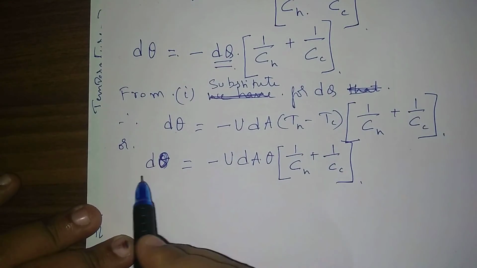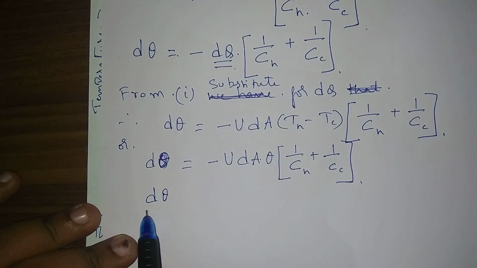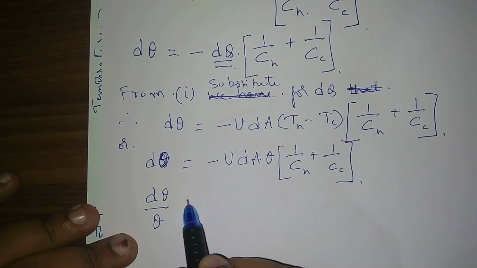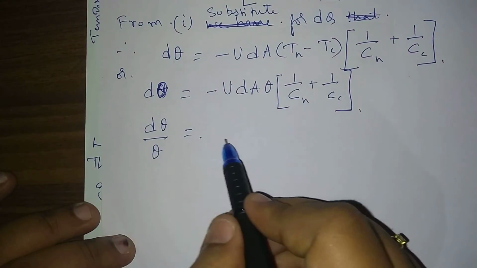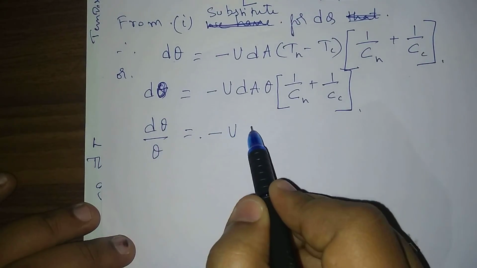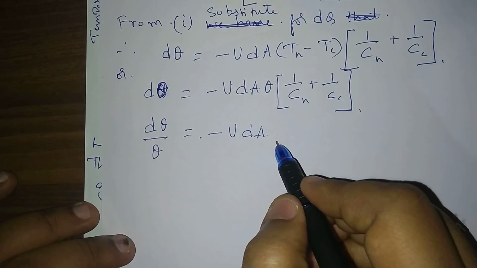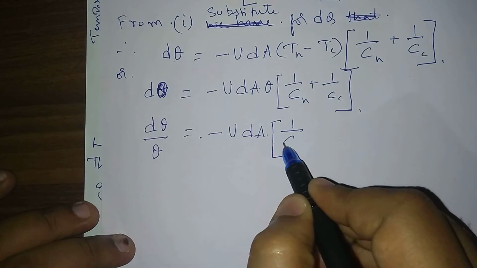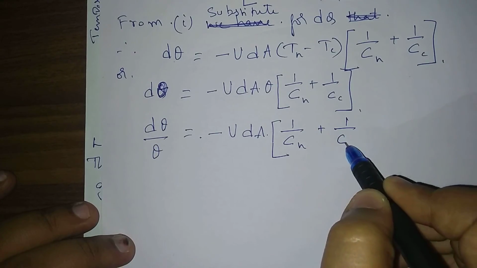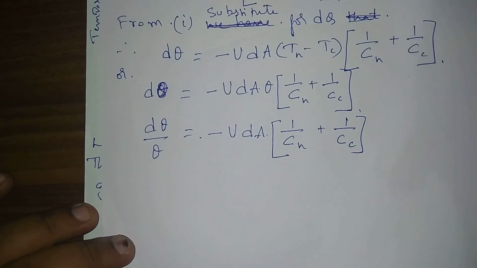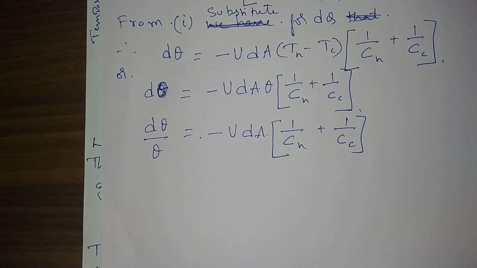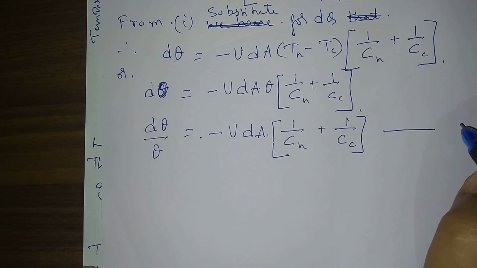Very simple thing, bring this theta down to this side. Let us put it in a more simplified form: d theta by theta is minus U dA times 1 by Ch plus 1 by Cc. Now please call this equation 5. Now please observe equation 5.